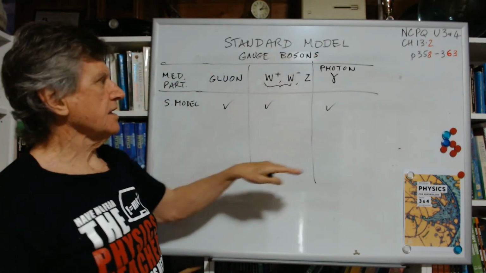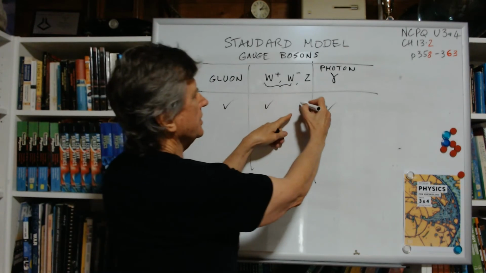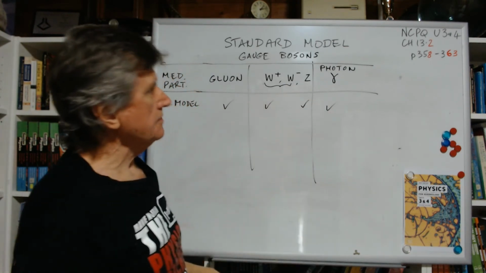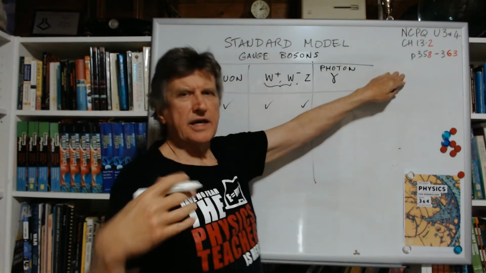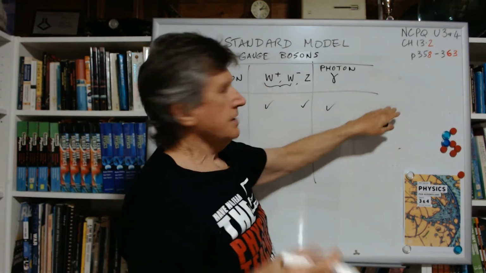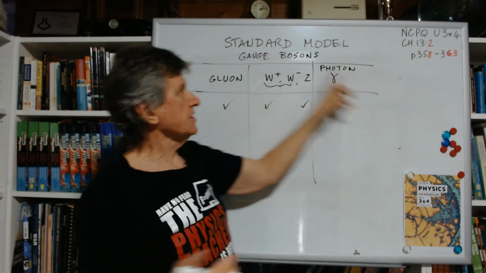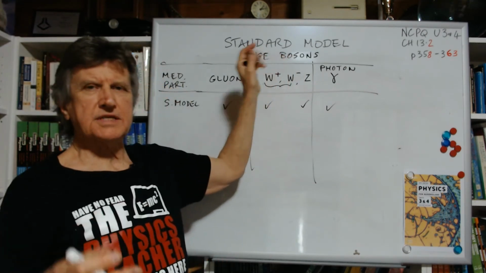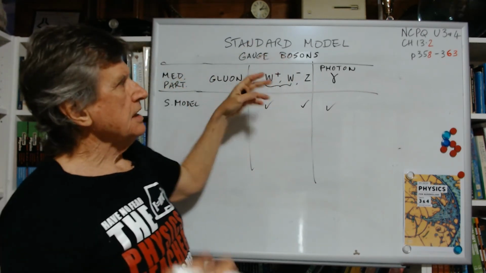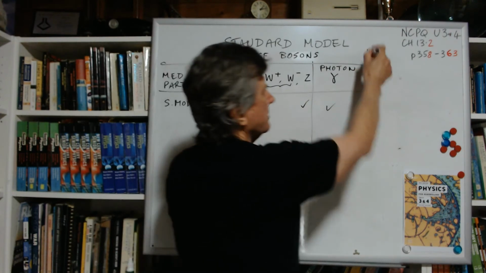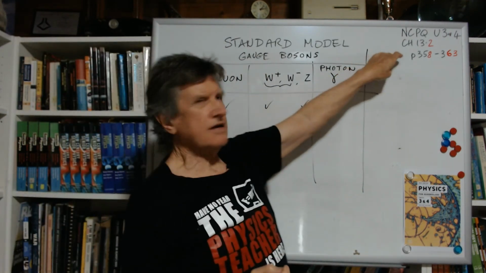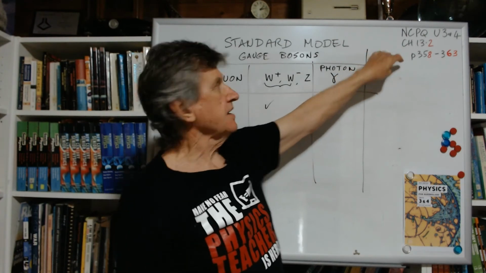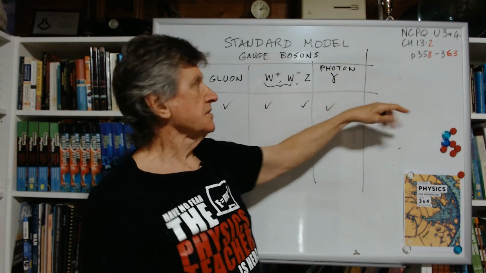If I had over here something about the Higgs boson, the Higgs boson is actually a standard model, but it's not a gauge boson. It's said to be a scalar boson. So the syllabus is pretty clear about that, and they don't really ask about the Higgs boson. And if I have the graviton over there as another force, the proposed boson for gravity is a graviton, but it hasn't been discovered yet.